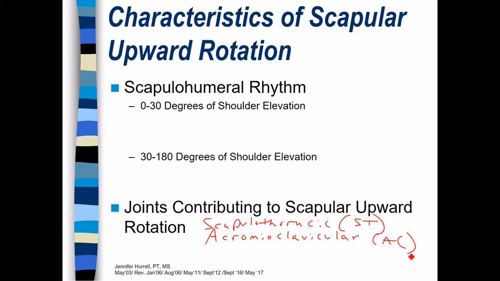And then finally, the last thing that's happening, and again, we'll discuss this in more detail in just a little bit, is as we're elevating, the clavicle, I'm really exaggerating now so you can see it, the clavicle's lifting up. So the clavicle's doing this during upward rotation. So where is that pivoting from?